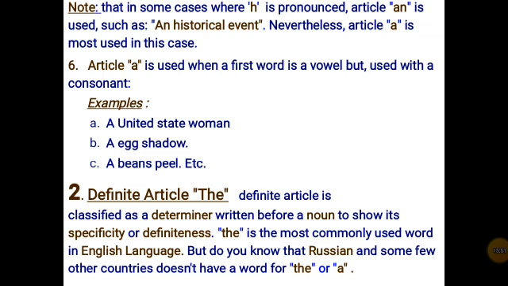Now, we have the second type of article, which is the definite article. The definite article is called article D. The is a definite article. That's the second type of article we have. Now, what is a definite article?